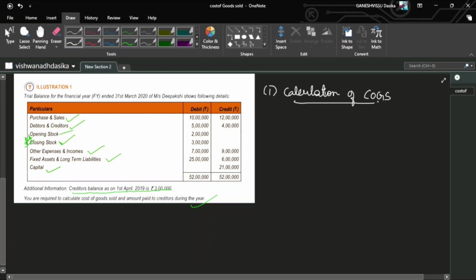See, this closing stock is appearing in the trial balance. As it is appearing in the trial balance, we have to understand that it has already been adjusted to purchases. What will be the formula for cost of goods sold?